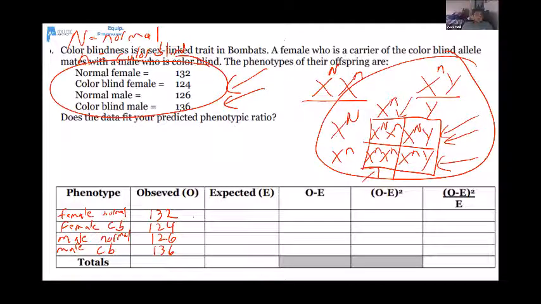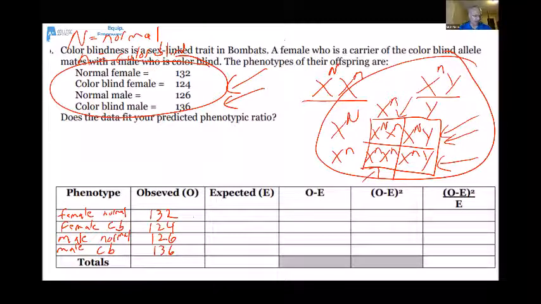You add up all of them and divide by 4. Yep. So we're going to add up that observed column. I'm getting 518. You guys agree with my math there? Yep, 518. So I've got 518 total offspring.